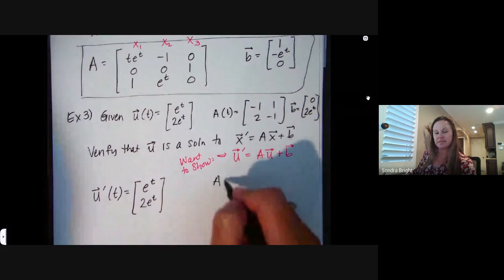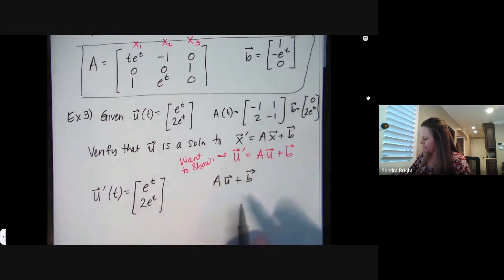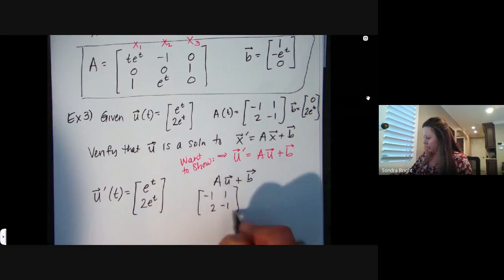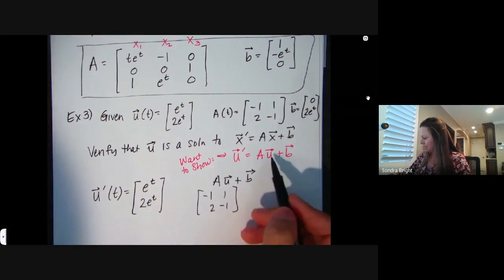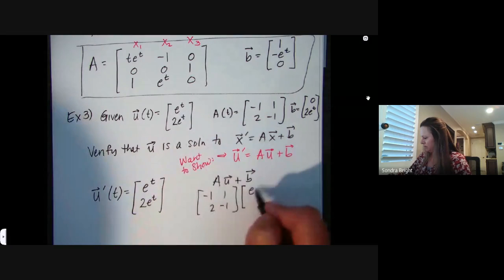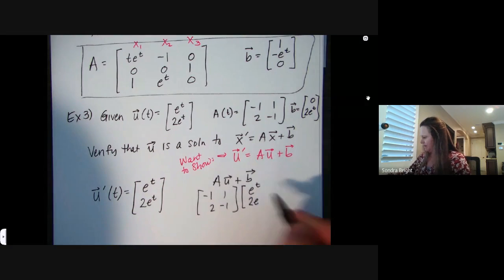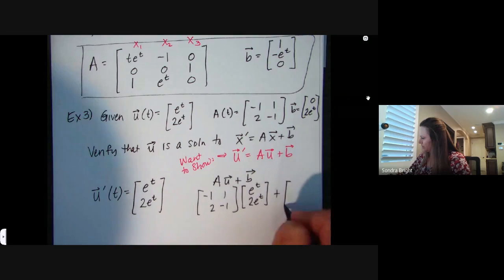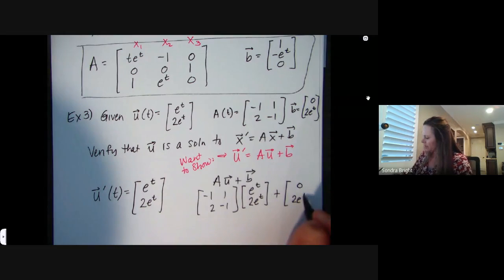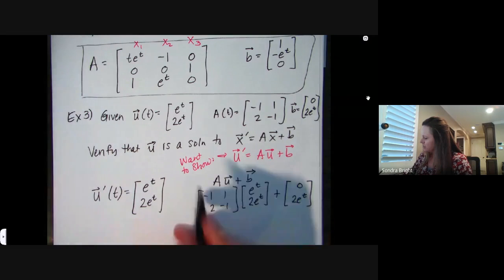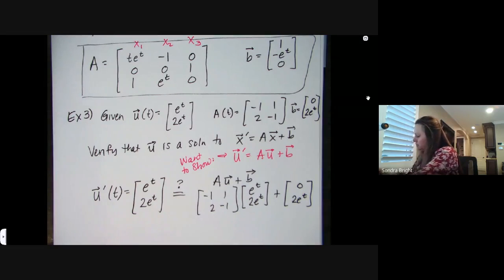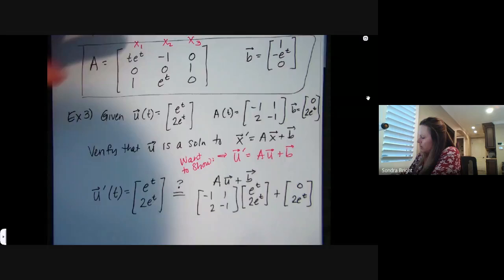Now we want to show that when I figure out AU plus B, it should be equivalent to this. So A is -1, 1, 2, -1 times U. We said U was e to the t and 2e to the t, and then we want to add B, which was 0 and 2e to the t. Remember, row times column.